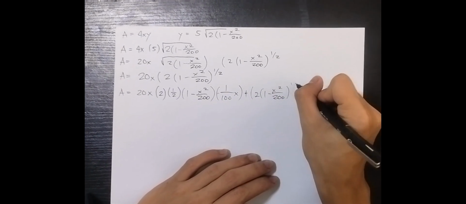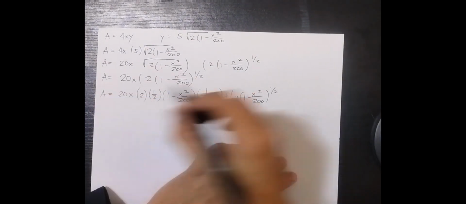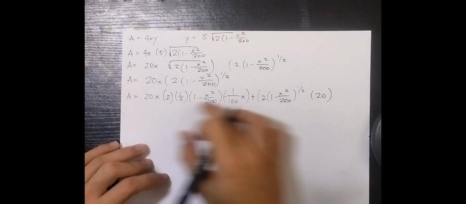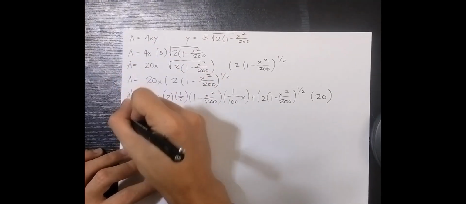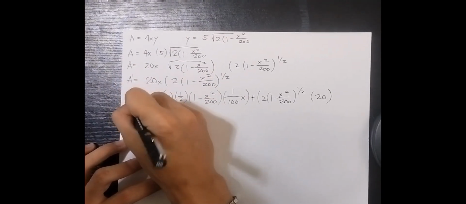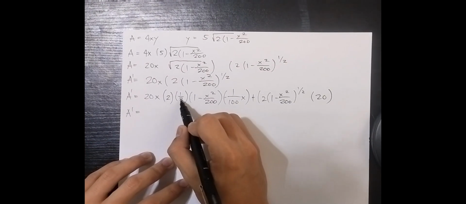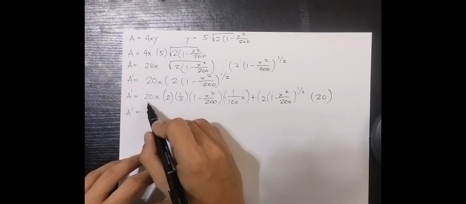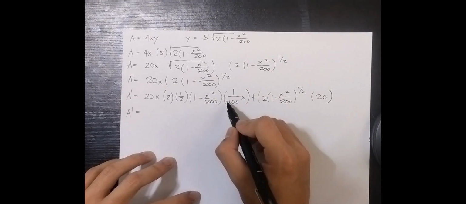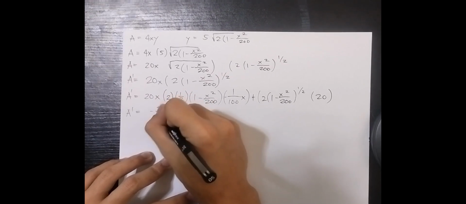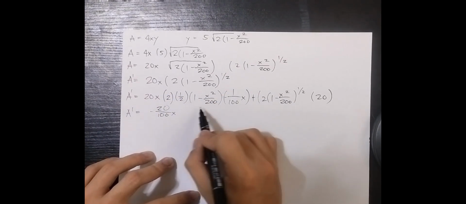And differentiate 20x. It is just 20. We can now simplify this. A prime is equal to 2 multiplied by 1 half is just 1. 20x multiplied by negative 1 over 100x is negative 20 over 100x.